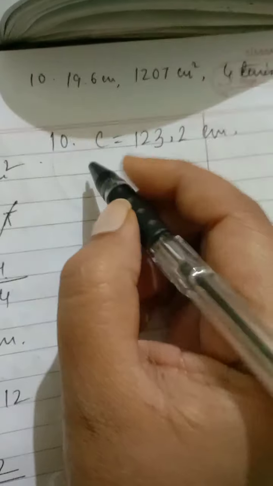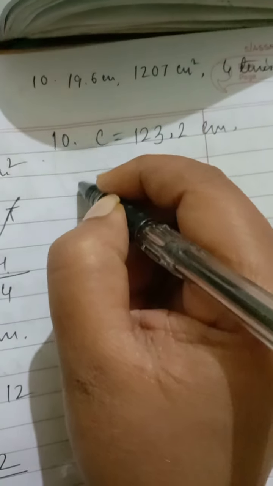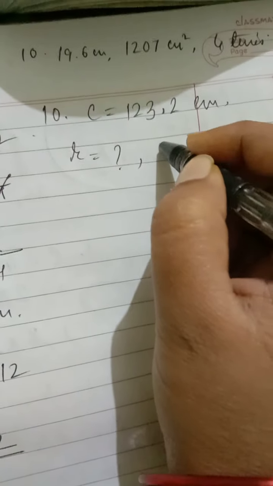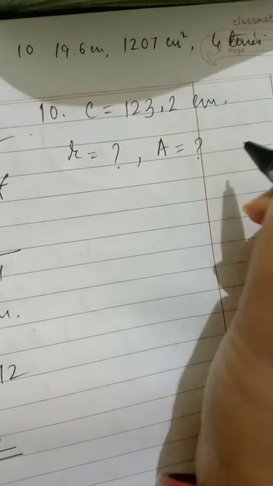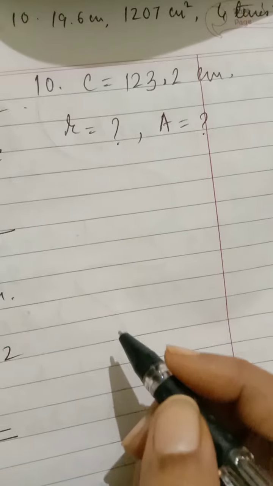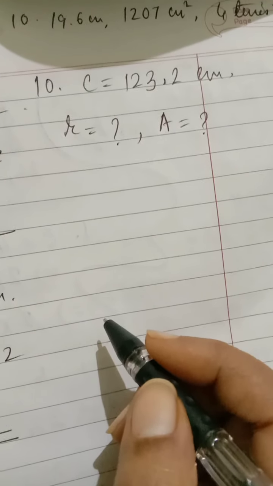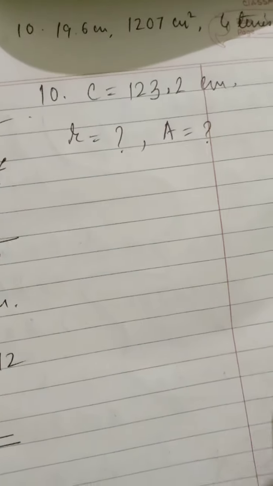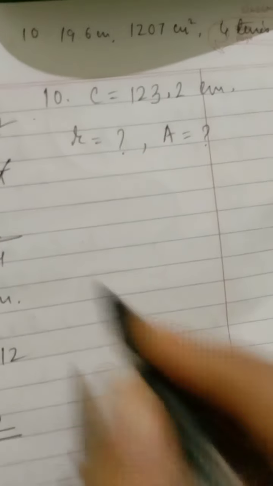You have to calculate the radius of the circle, the area of the circle in centimeter square, and the effect on the area of the circle if the radius is doubled. So the third part we'll do later on.